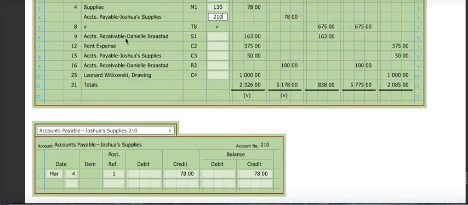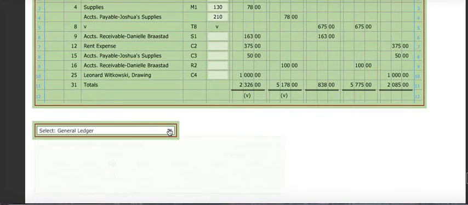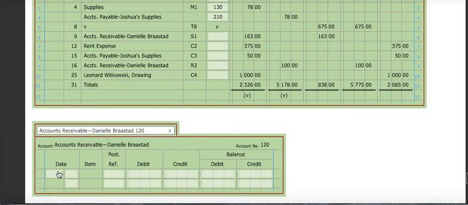Going right down to accounts receivable, Danielle Braistad. March 9th. Post ref, journal page 1. And we have 163 debit. So 163. All we're doing is bringing numbers down.